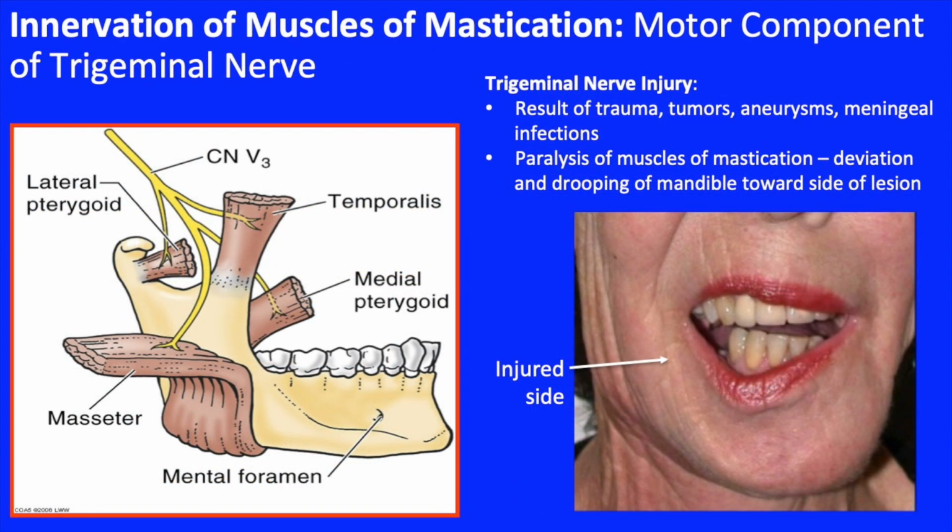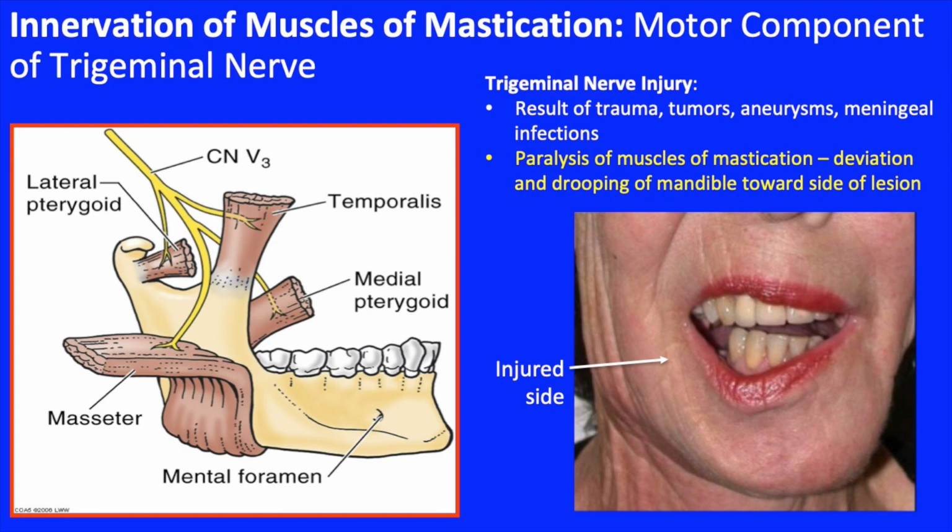Moreover, if you recall from the cranial nerve lecture, the four muscles of mastication are all innervated by the mandibular branch, V3, of the trigeminal nerve, cranial nerve 5. Injury to the nerve can be the result of trauma, tumors, aneurysms, and meningeal infections.